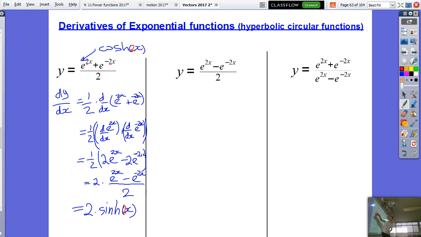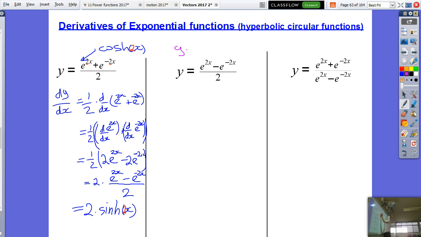The factor of 2 comes out, multiplies out the front, and then the derivative of cosh goes to a sinh. So, what's the normal derivative of cos? Sine. Yep. Derivative of cos is negative sine. Derivative of a cosh is a sinh. Kind of makes sense.